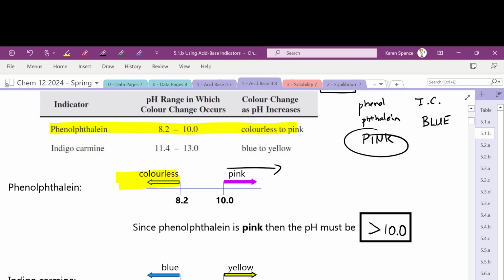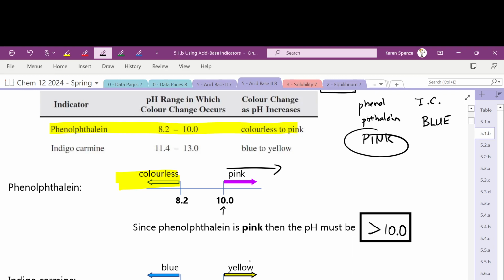I don't care if you put greater than or equal to, it really doesn't matter, because I'm never going to ask you what color phenolphthalein is at pH 10, where you'd have to decide whether it is pale pink or pink. I'm not going to ask you that because it's a stupid question. Yes? Okay.